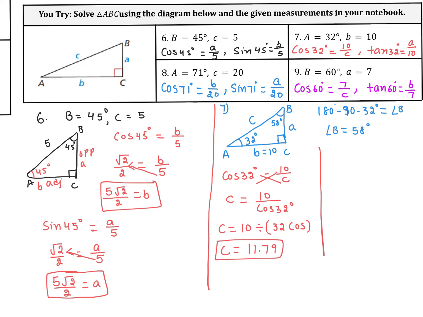11.79. And when you're going to find the side A, you have tangent 32 equals A divided by 10.